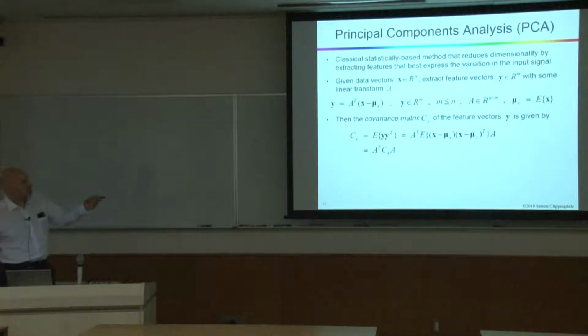So this is the average of our input data vectors. We're going to subtract that from each of our vectors, transform it, and generate a feature vector y. If we do that, then there are some things that you can say about the statistics of the signal y produced by this process related to the statistics of the input signal x and the transformation A.